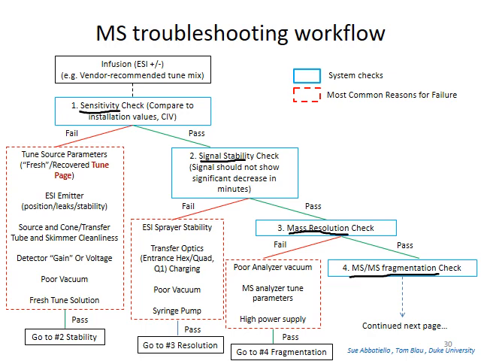They wouldn't appear as an independent issue. So when you experience sensitivity loss, mass resolution might be lost as well. But for the convenience of teaching and learning, we have divided the issues as above mentioned: sensitivity loss, signal instability, resolution loss, and no fragmentation. And we are going to attempt each issue separately.